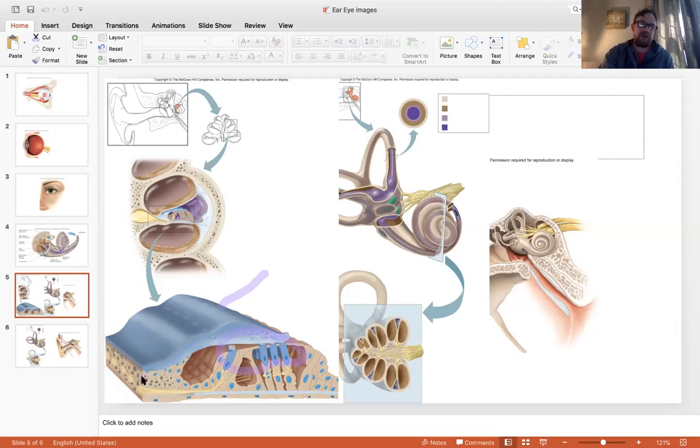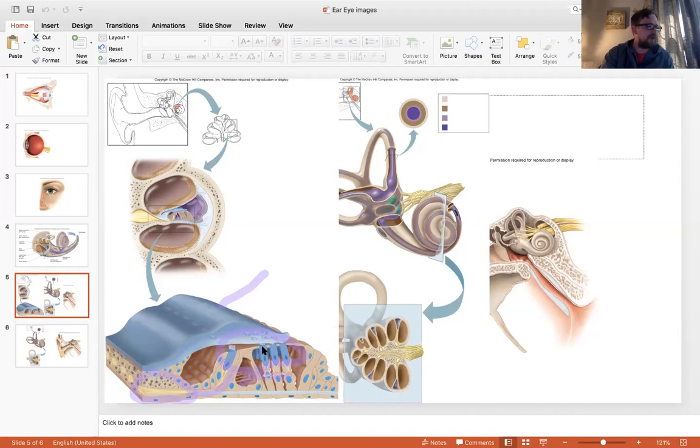You also have a cochlear nerve right here. Please note that the cochlear nerve is attached to other neurons that are running from the hair cells, so they're all gathering there to make one big nerve or cable. You can see that here, all these little spaces where they collect and converge.